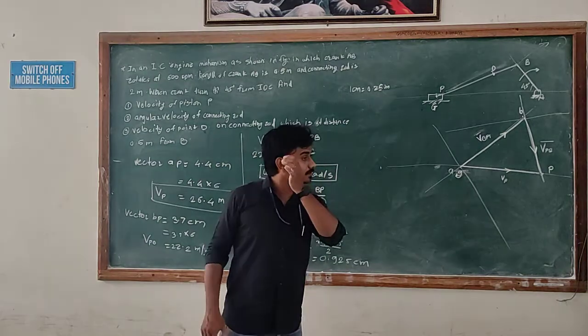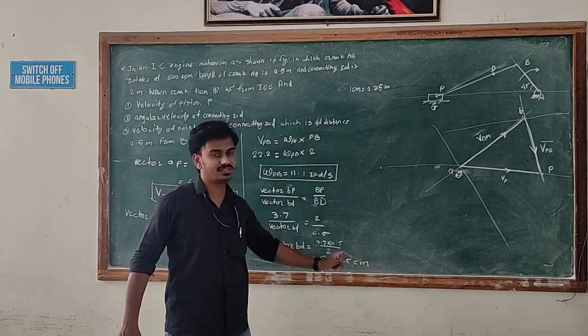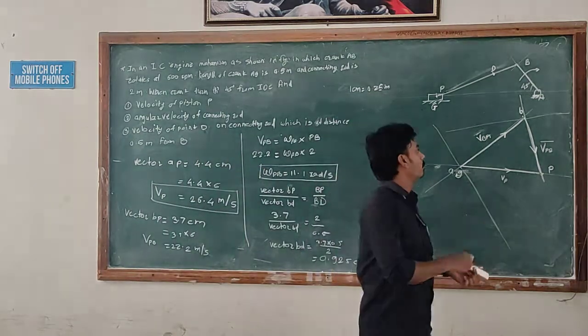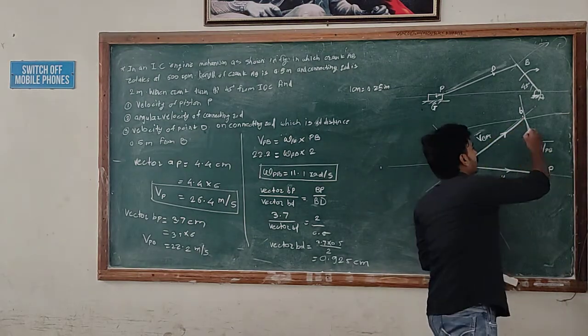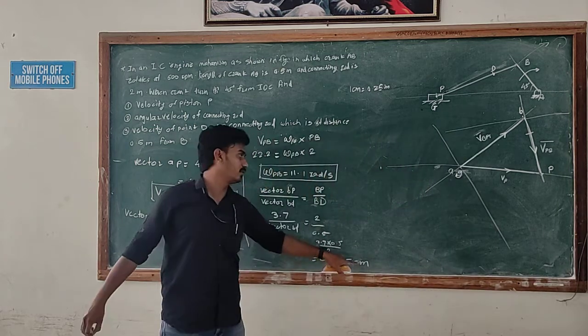So take a distance of 0.925 centimeter in your measuring device or protractor. Put your metal pointer at point B and mark your point at a distance of 0.925 centimeter.